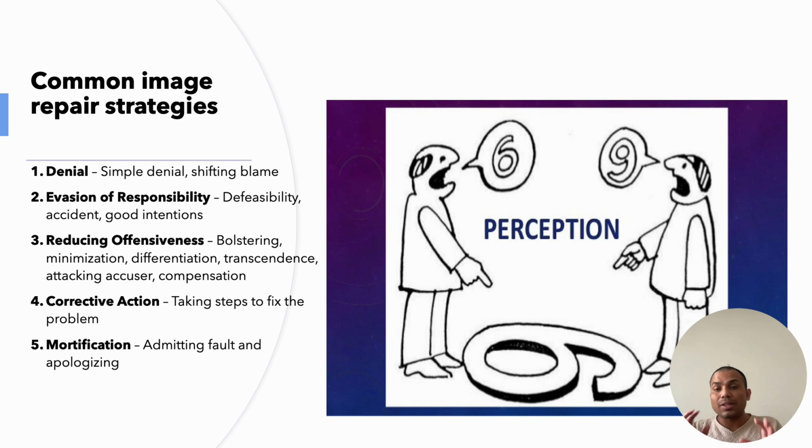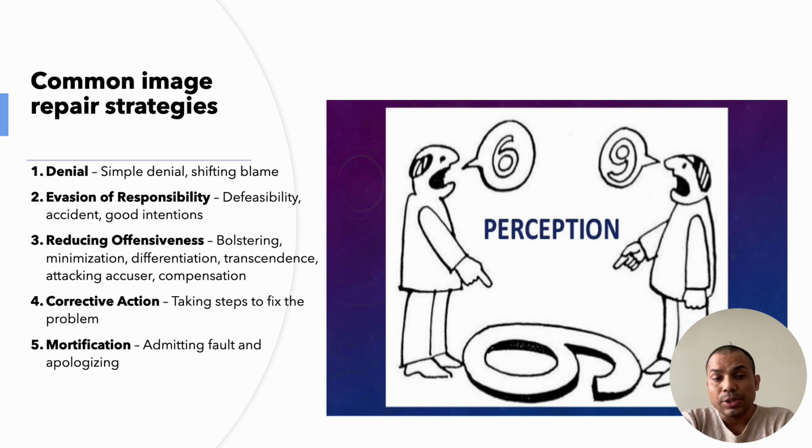They try to play the kind of victim, or try not to take responsibility for whatever situation happened. They will simply say that our intention was not to do wrong, right?